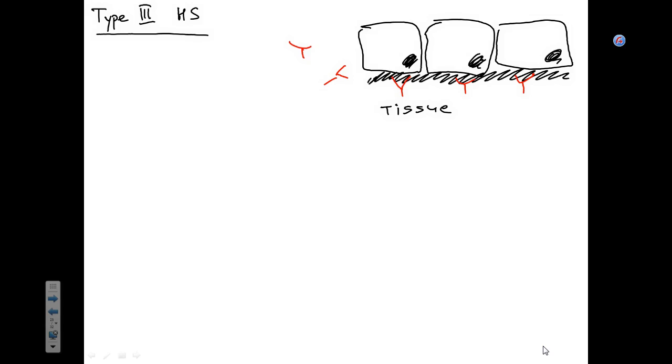remember, antibodies, do they lyse anything? Do they destroy anything, antibodies? They do not. But they tag, right? They aim other components of the immune system to the site of injury.